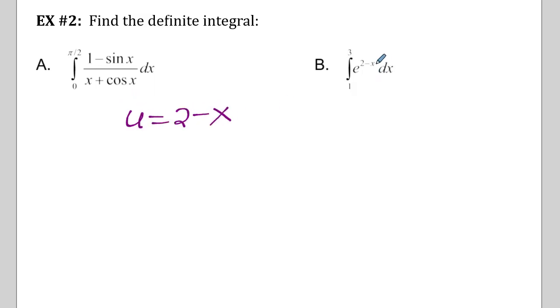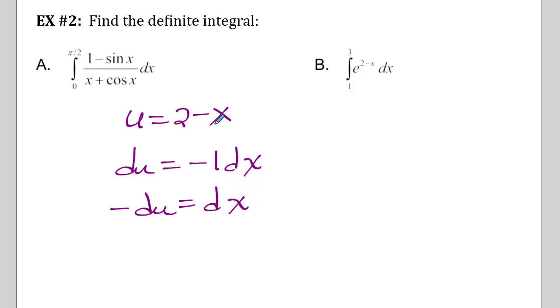Okay, that's our algebraic expression. And so it follows that du is just going to be negative 1 dx. So we got dx, we just need to make it positive. So negative du equals positive dx.